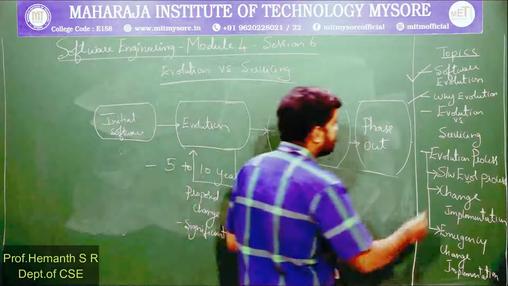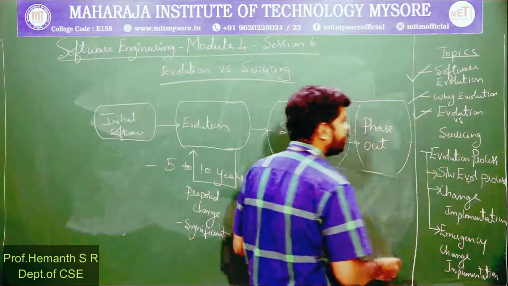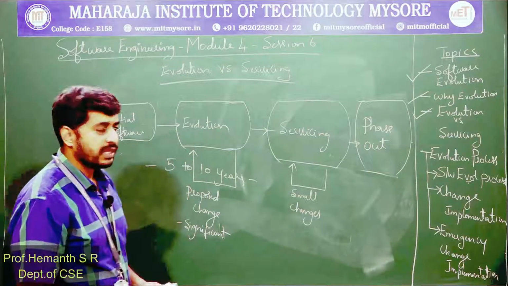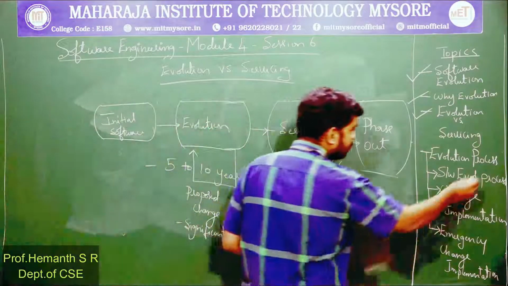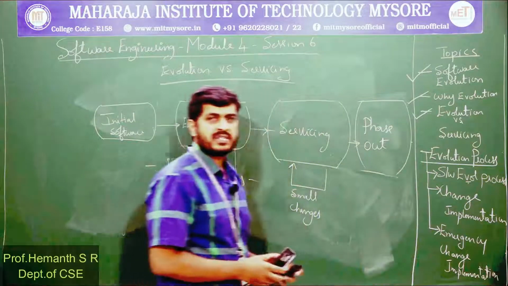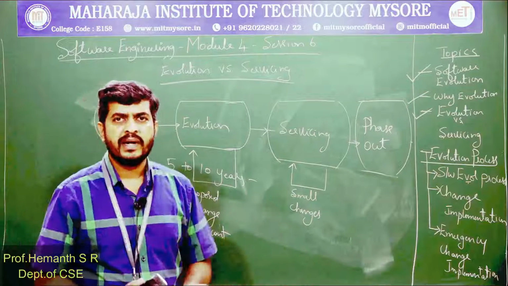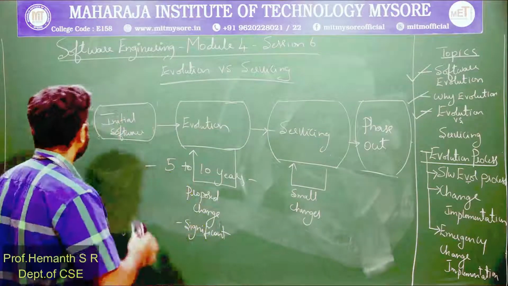So we completed this part of the topic, that is evolution versus servicing. Now we will take up the next topic, that is evolution process, and we will try to understand different aspects of the evolution process in detail. Okay.